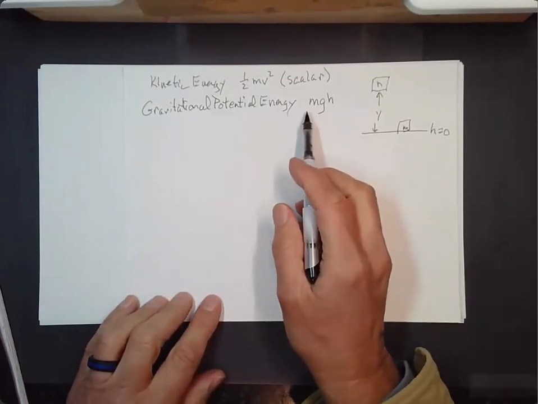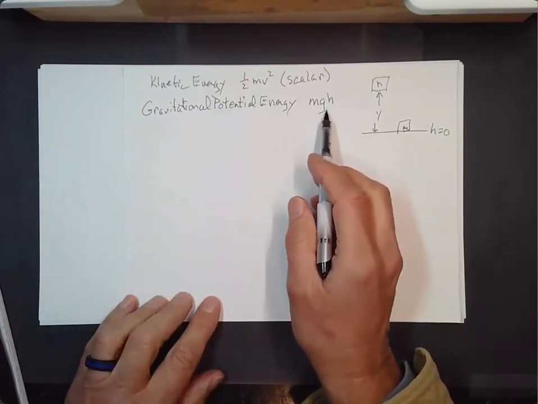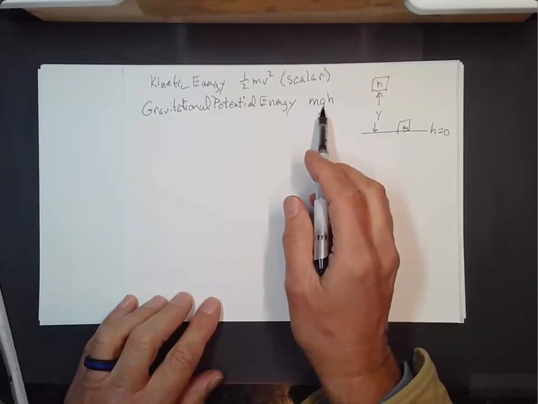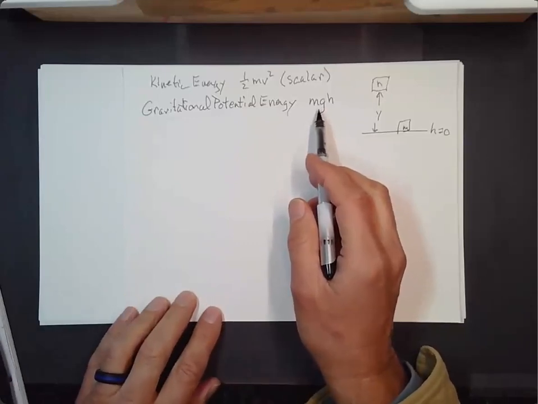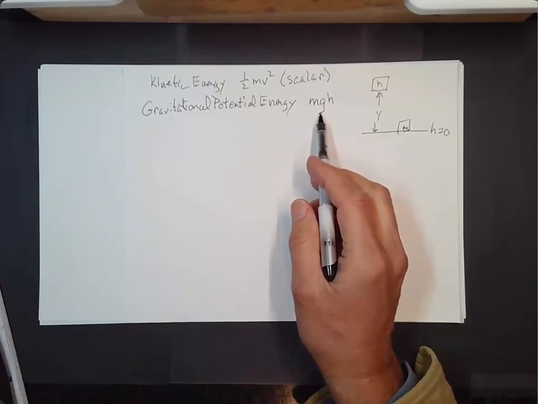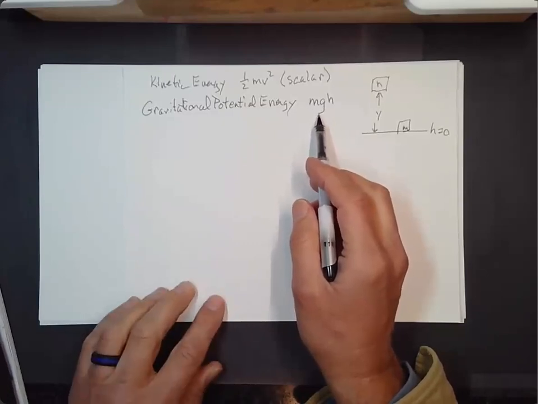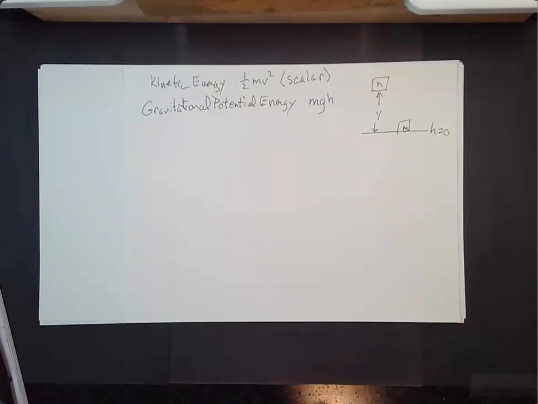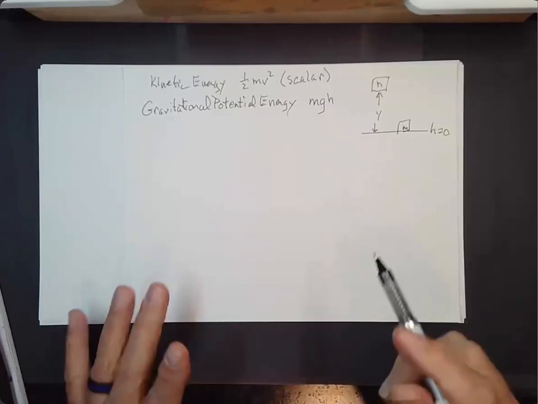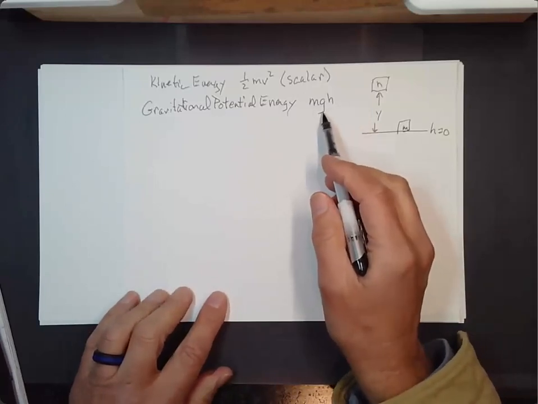Now, this expression for gravitational potential energy assumes that g is going to be constant. Well, it's not constant. It actually gets smaller with distance. And so if we start moving large distances away from the surface of the Earth, we're going to have a different expression for that.